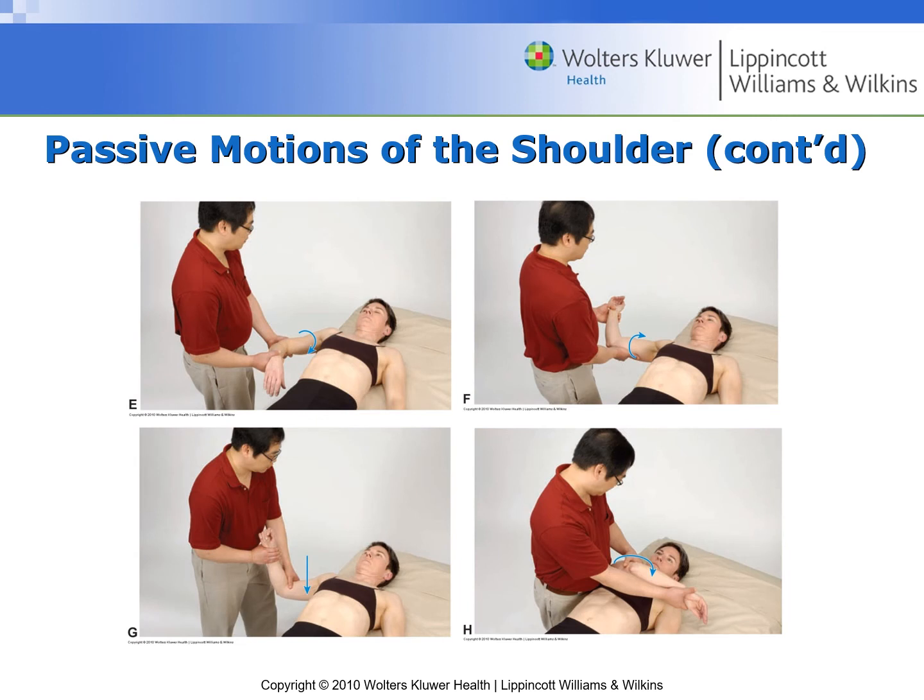In our passive motions of the shoulder continued, in diagram E, the therapist is performing what is referred to as passive internal rotation. In diagram F, we see passive external rotation. In diagram G, we see passive horizontal abduction. And in diagram H, we see passive horizontal adduction.